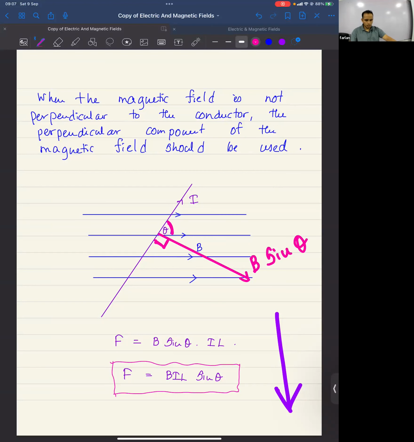So the equation F equals BIL becomes B sine theta into IL, so BIL sine theta.